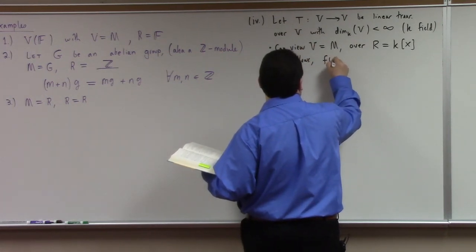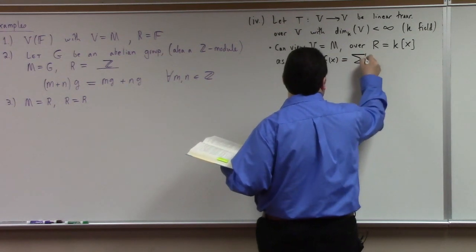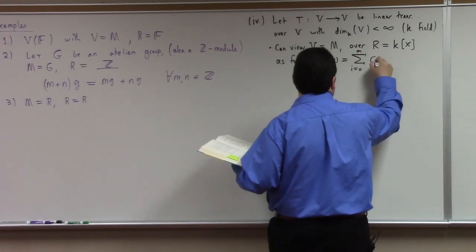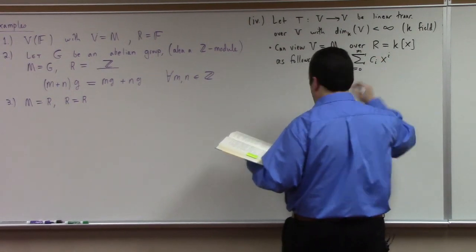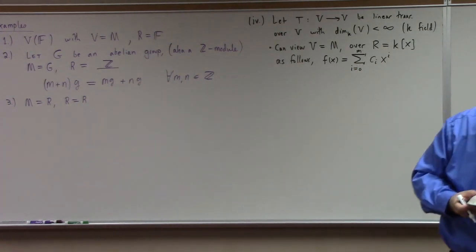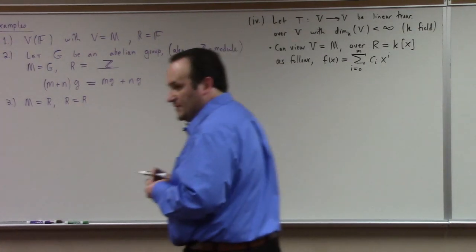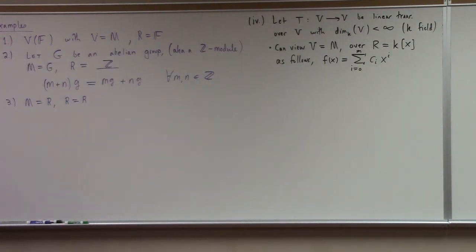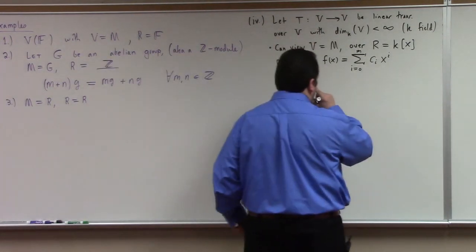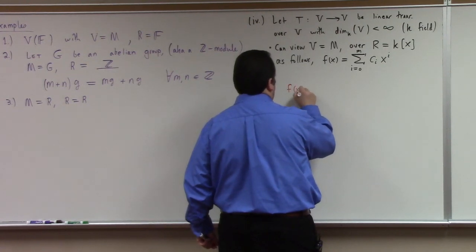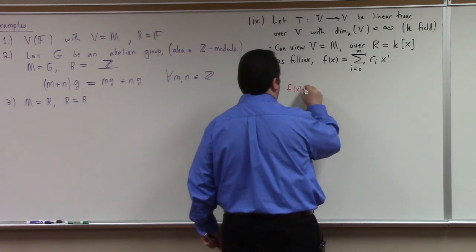If we have f(x) equal to the sum, i equals 0 to m, of, let's say, c_i x^i, where of course the c_i's are scalars in the field, this polynomial is a scalar in this K[x] module, right? So what we have to define then is, what does it mean to have f(x) scalar multiply a vector v?